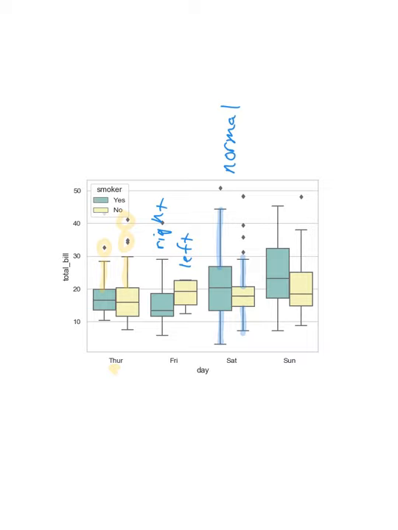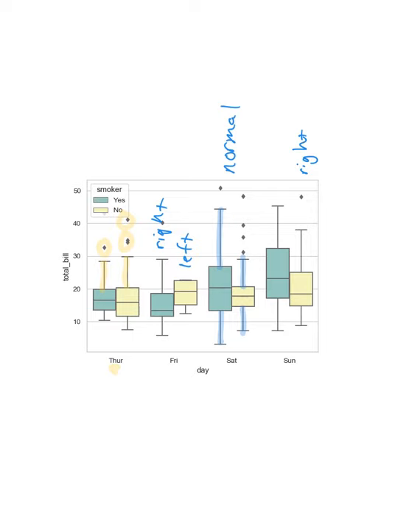Let's look at Sunday. Sunday looks very normal or slightly skewed. The non-smokers definitely have a slight skew to the right, so this is a right skew for the non-smokers.